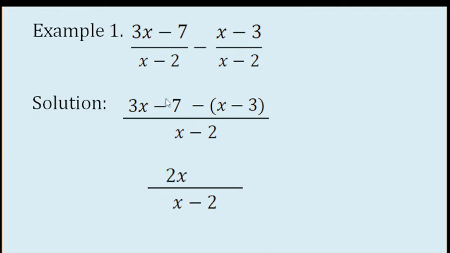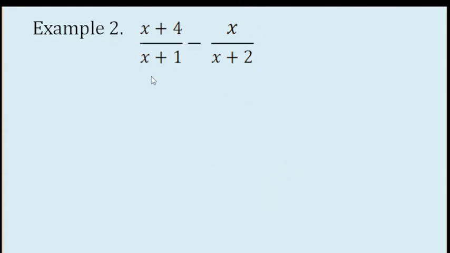Then negative 7 minus negative 3 gives us minus 4. It looks like 2x minus 4 is factorable, so we can factor it as 2 times x minus 2. We can see common factors, so we cancel these common factors, and our final answer will only be the number 2.